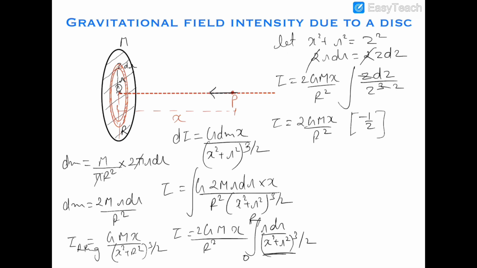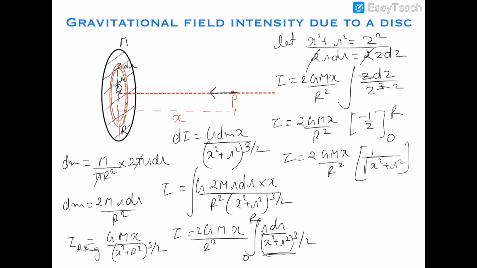The limit would be from 0 to R, but we have to resubstitute the value of z which we assumed, and it was this one. So z is 1 upon under root of x square plus r square. We should always remember that our integration variable is r, so we have to substitute the limits in place of r.